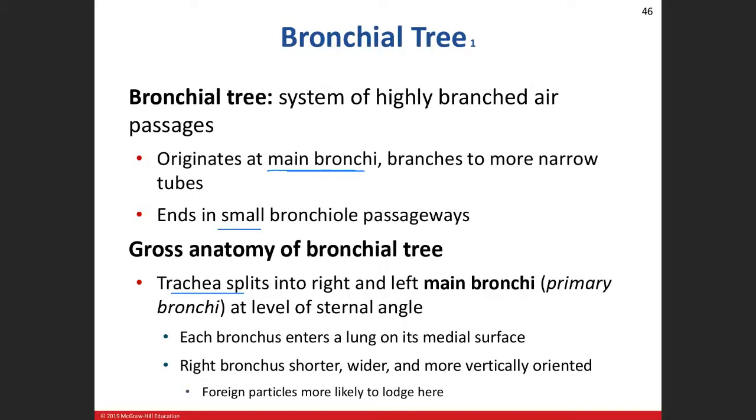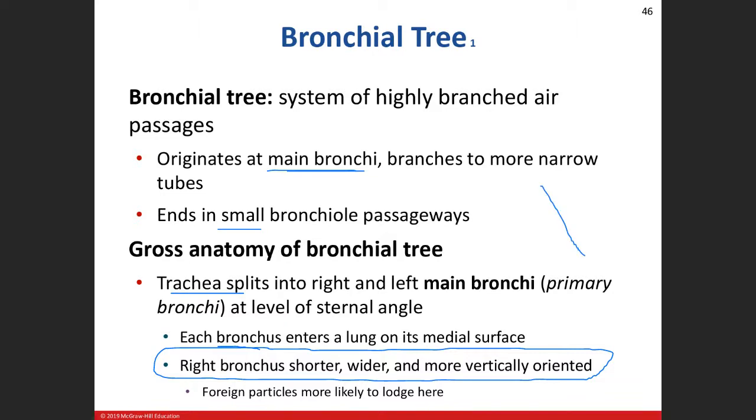This is very important, especially if any of you are going into nursing or whatnot. The right bronchus is shorter, wider, and more vertically oriented, which means it goes down like that, okay? So if you were to swallow something, it's more likely to go into the right bronchus because the left goes out more horizontally.